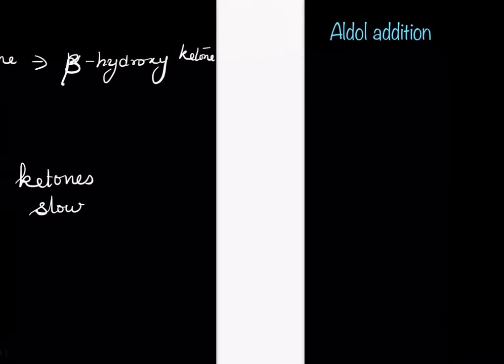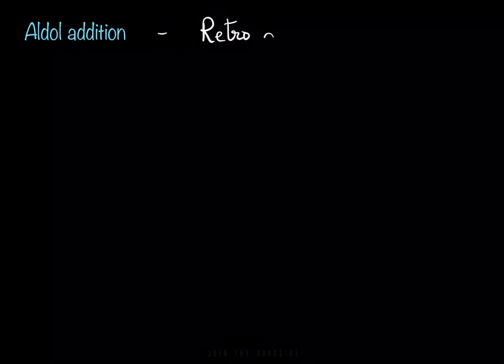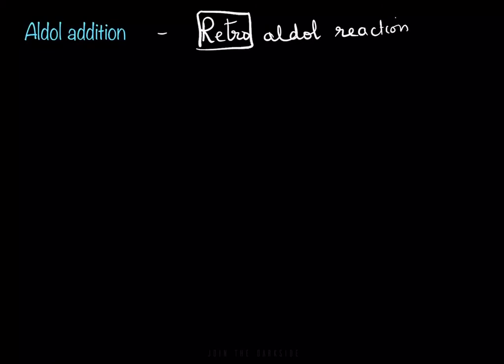The next reaction that we are going to talk about is the retro-Aldol reaction. And what's the meaning of the word retro? Retro is reverse. So an aldol addition reaction is actually reversible.